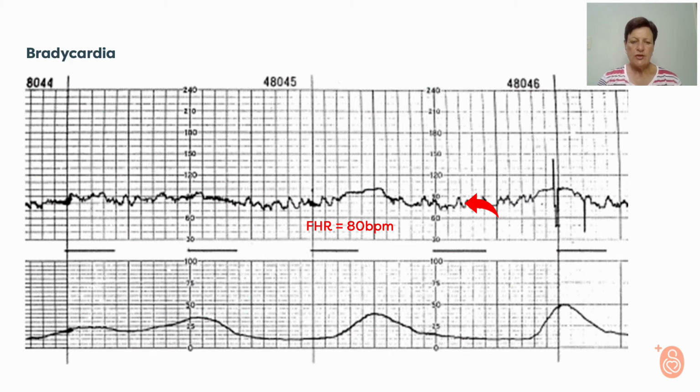In this case, we do see that there's still good variability, and even a little bit of accelerations there. Bradycardia is always one of the characteristics of a CTG that one has to really carefully examine, and when we come to the different guidelines, we will also see that a bradycardia is usually classified as being abnormal.